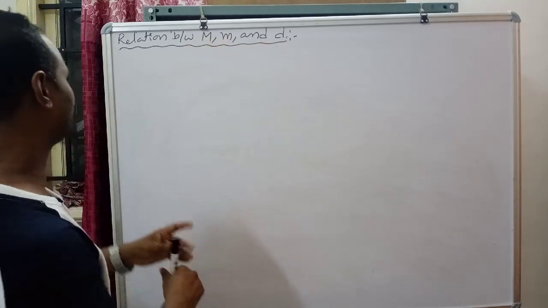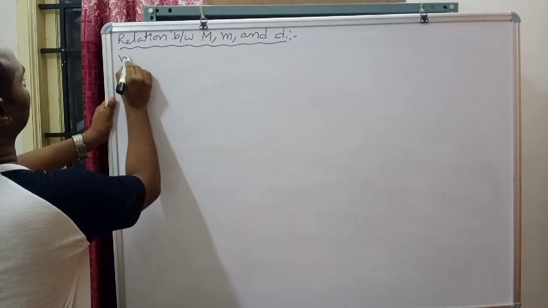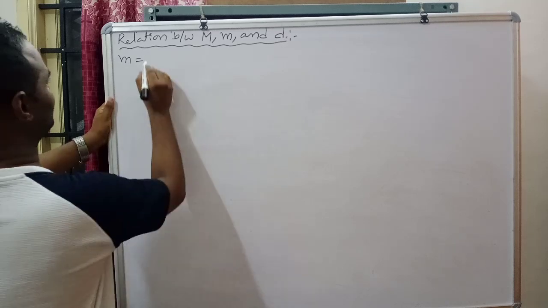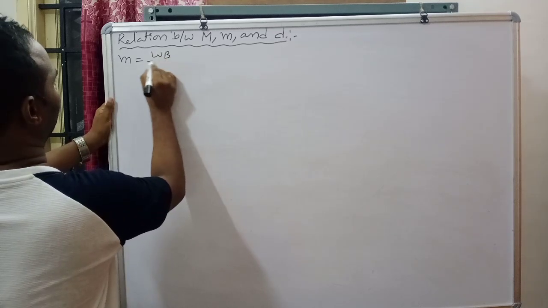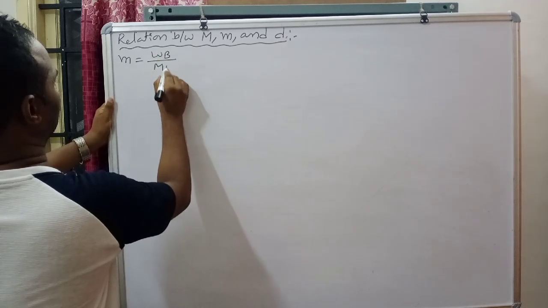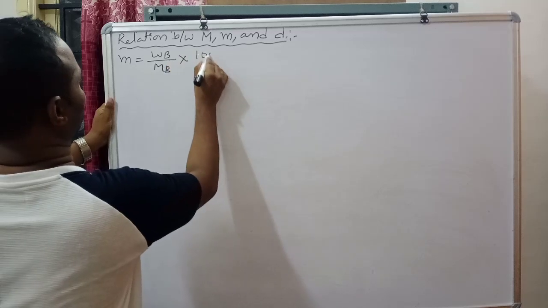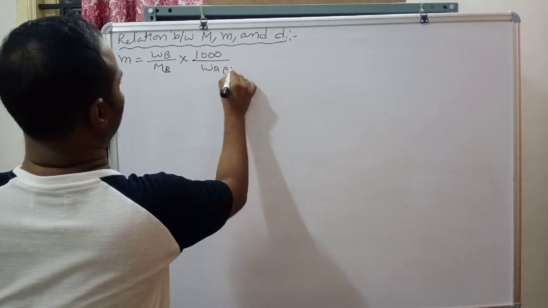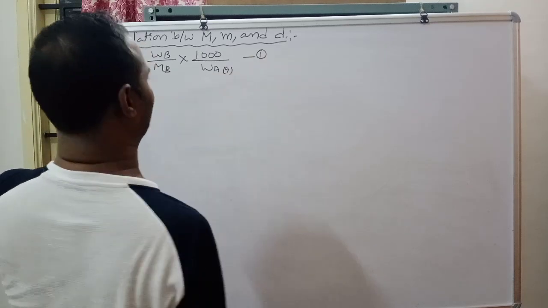First, molality is the number of moles of solute present in 1 kg of solvent. The formula is WB by MB into 1000 by mass of solvent in grams. Consider this equation 1.